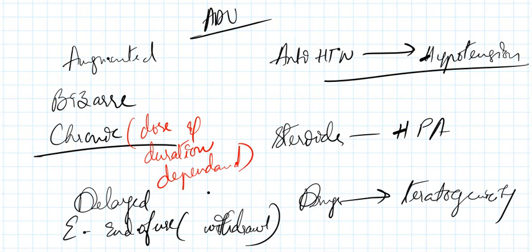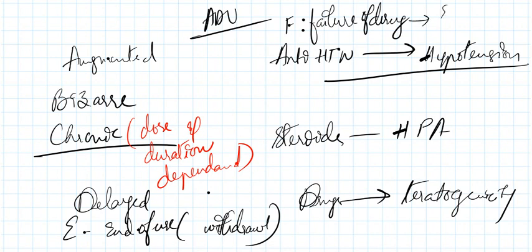Now one more type of adverse effect, I will write it down here, is failure of the drug. For example, enzyme inducers causing OCP failure. Can you tell me one example for it? Anyone? Rifampicin causes OCP failure.